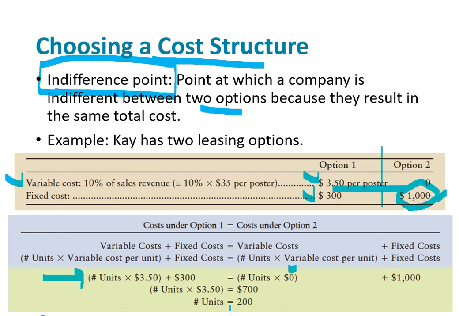If you solve this algebraic equation, you find that if you sell 200 units, you have an indifference between option 1 and option 2. Now you can go ahead and do the calculation. If you sell more units, then option 2 is better. If you sell fewer units, option 1 will be better.